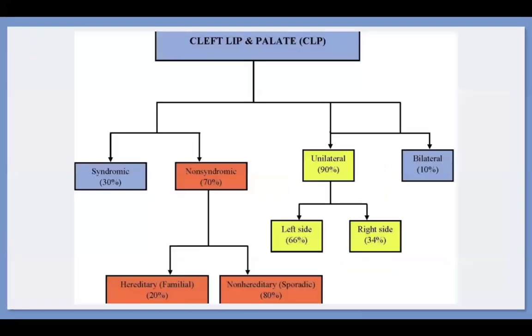And then this image is just breaking down syndromic and non-syndromic, showing that non-syndromic is more common, and that can be due to hereditary or non-hereditary, which is a sporadic fashion. And then on the right-hand side, this is basically more for cleft lip, whether that be unilateral or bilateral, and that just depends on where the hole is.